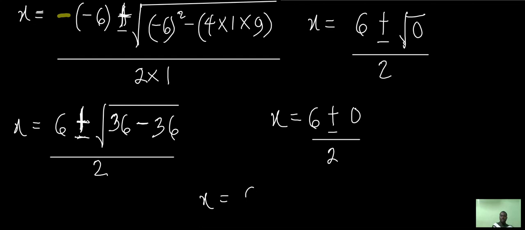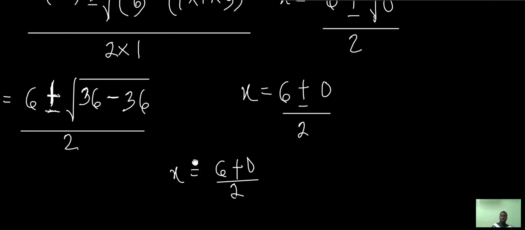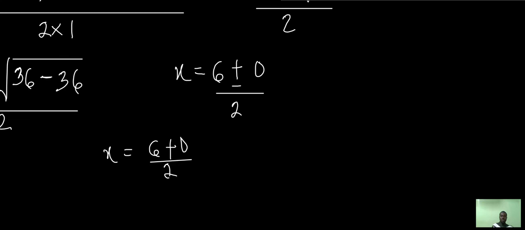So we have x equals 6 plus 0 divided by 2. And on the other hand, the second answer for x. To get two answers, operate at the middle with the plus or minus. Use plus, then next you use minus. x equals 6 minus 0 divided by 2.